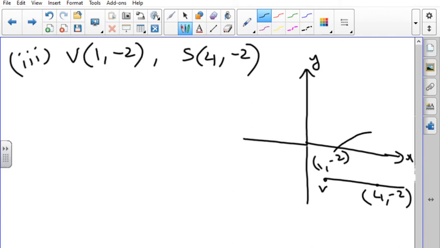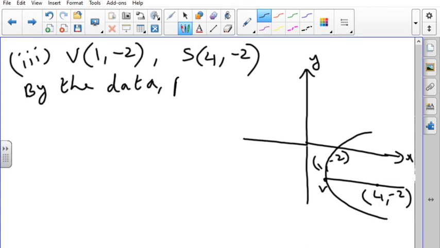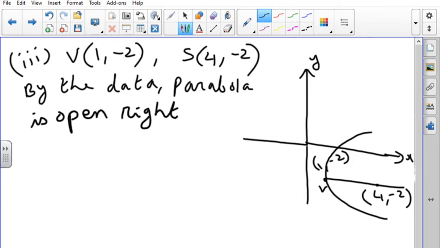It goes like this, and this is the vertex. So by the data, the parabola is open rightward. The focus should be inside and it passes through the vertex, so it will definitely be open rightward.